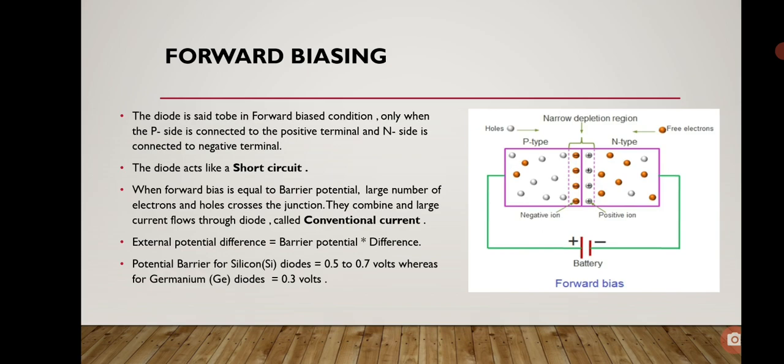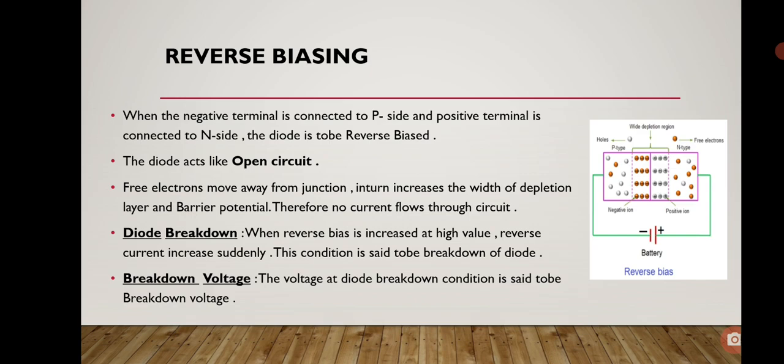Now coming to the reverse bias condition, it is the opposite of the forward bias condition. The negative terminal of the battery is connected to the P type and the positive terminal is connected to the N type. It can be represented as shown in the figure I have displayed. In reverse biasing, it acts like an open circuit. Open circuit means there will be no current flow in the circuit.